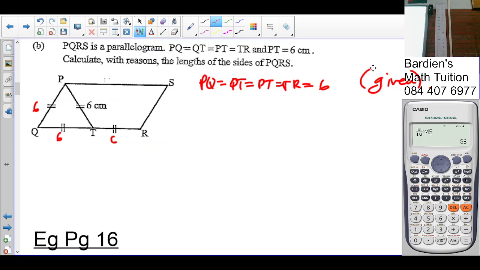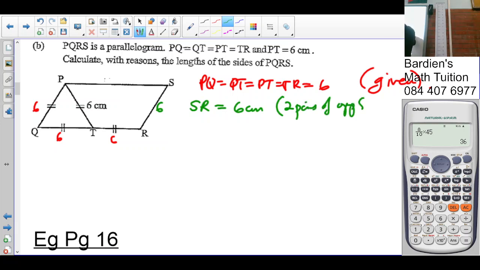So which side can we say at this point? Which length can we state now? SR is equal to? Why is SR 6 centimeters? Two pairs of opposite sides equal in a parallelogram.